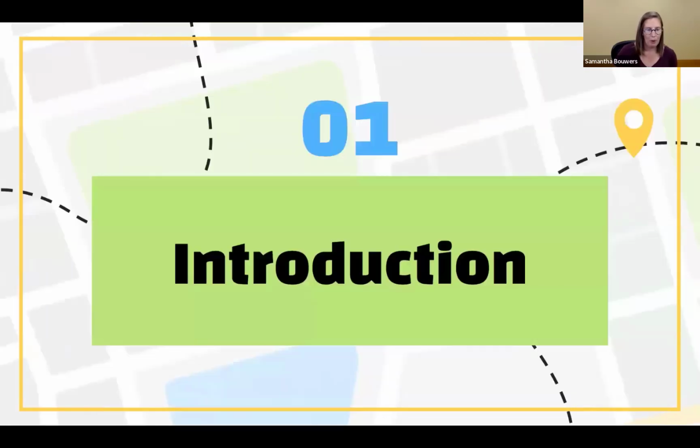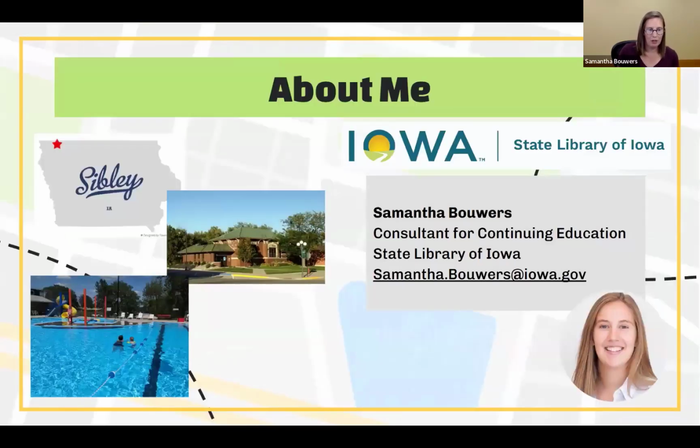By way of introduction, you guys know me. I'm Sam Bowers. I am a lifelong Iowan. I grew up in the lovely little town of Sibley. If I was a librarian in Sibley working on an asset map, I would for sure put the lovely Sibley Public Library on the asset map.